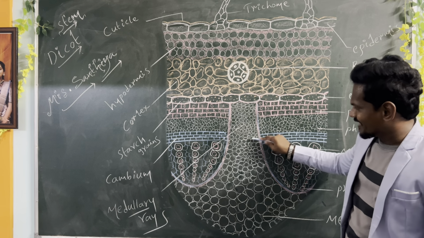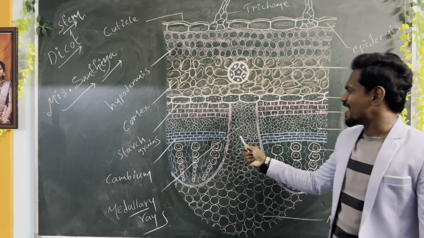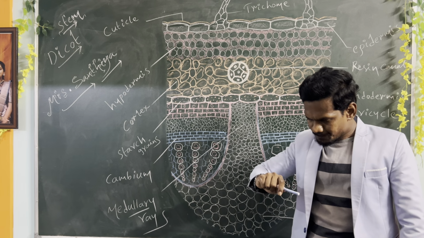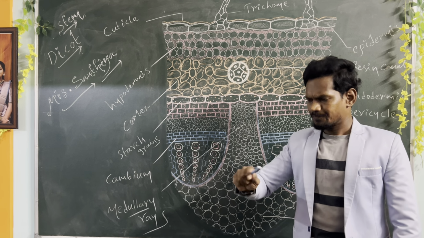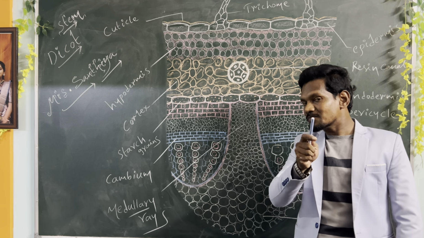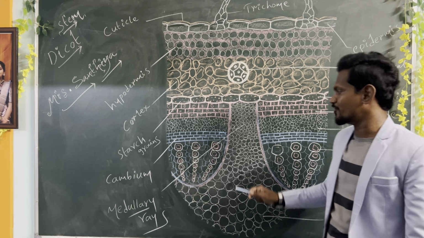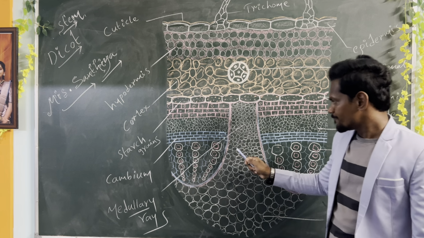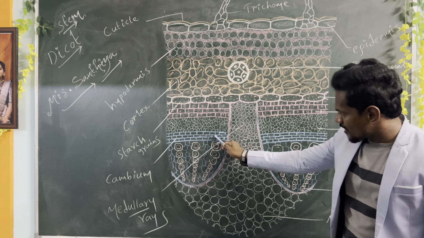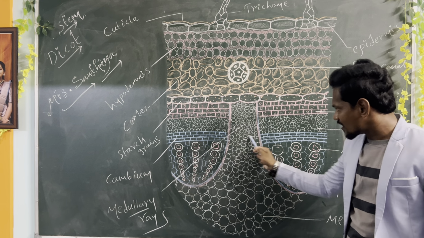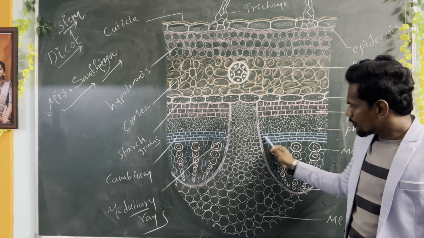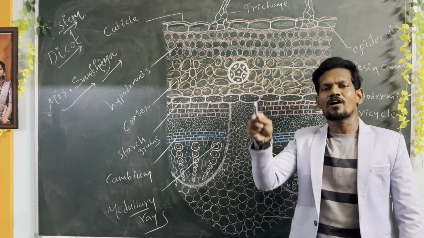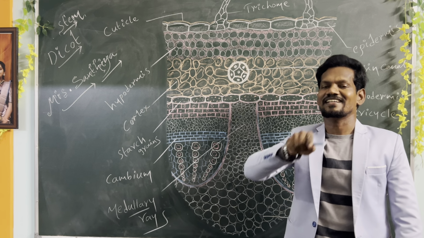From the medullary ray, a few layers of parenchymatous cells are differentiated into meristem cells. Those meristem cells again differentiate into cambium cells. So then intrafascicular cambium and interfascicular cambium, both types of cambium together form the cambial ring, dear students.